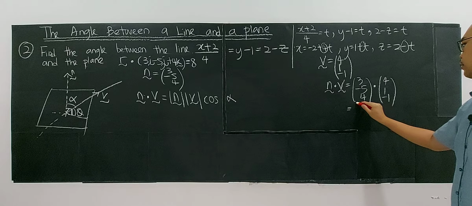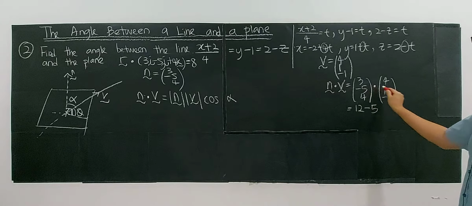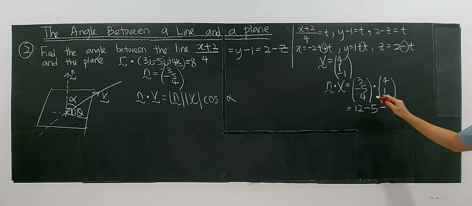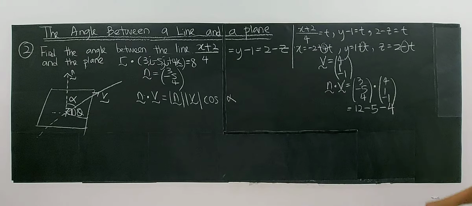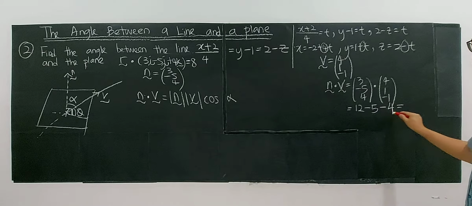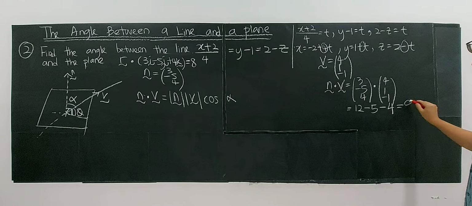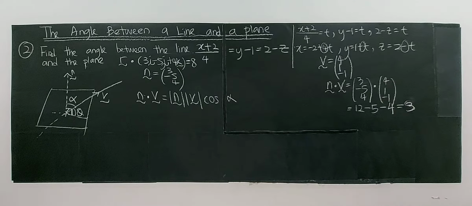So we get 3 times 4, 12, minus 5, because -5 times 1 is -5, and 4 times -1 is -4. So 12 minus 5 minus 4. This is -9 in total, so 12 minus 9 gives you 3.